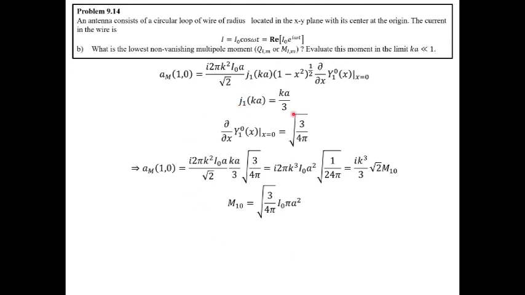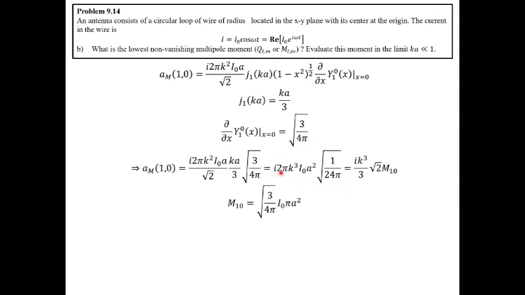And then, with the limit ka much less than 1, we have the relation of the Bessel function j1 of ka equal to ka over 3, and this is equal to root 3 over 4 pi. We substitute into A_M10, then we get the result.